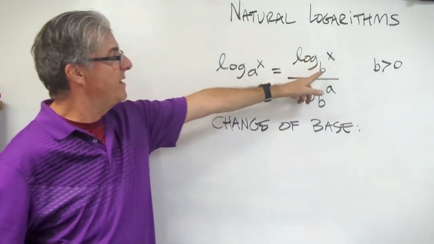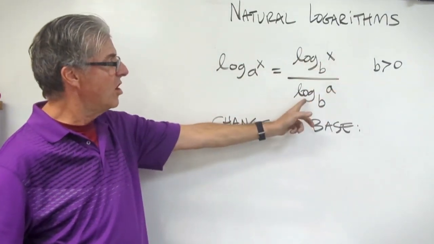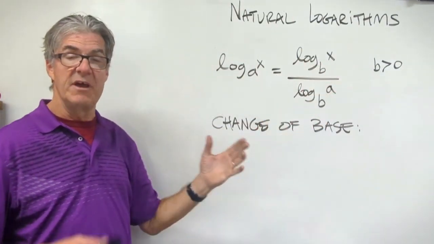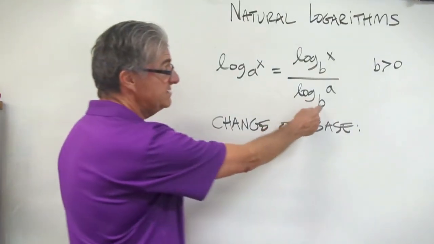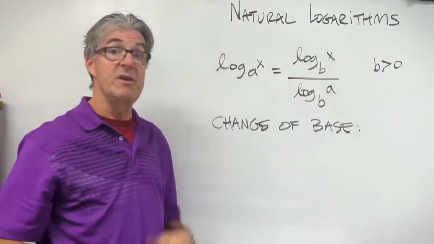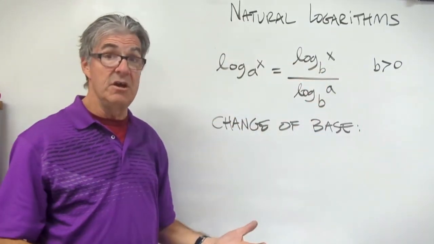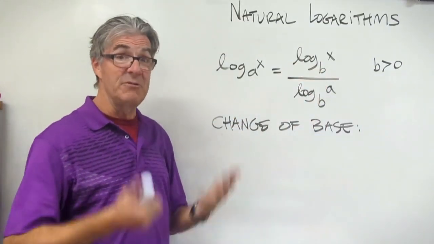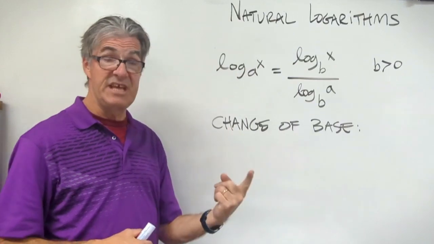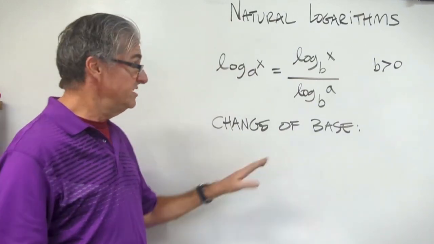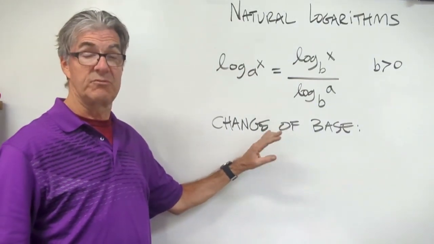We can say log base b of x over log base b of a. Here's the thing, this base can be any base we want, as long as it's the same. So obviously, we're going to choose bases that we like that we can use on our calculator, namely base 10 and base e. So this is called the change of base rule.